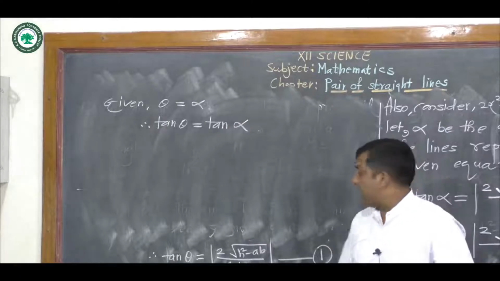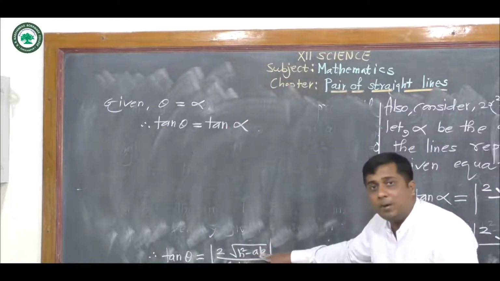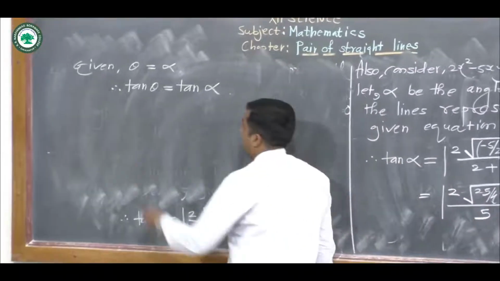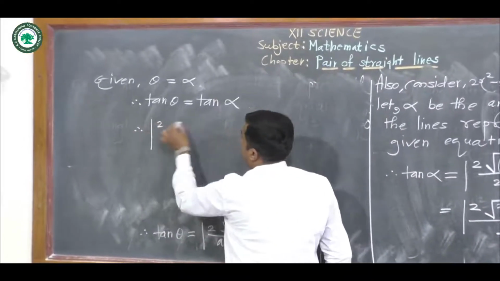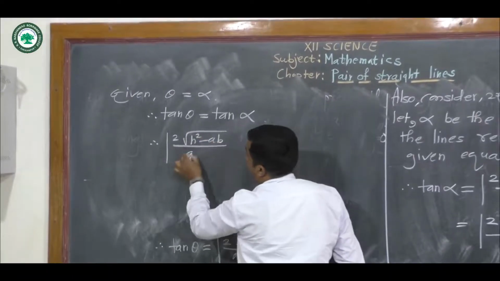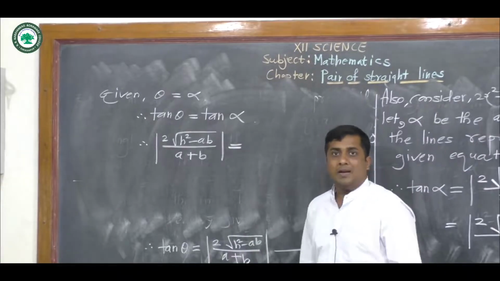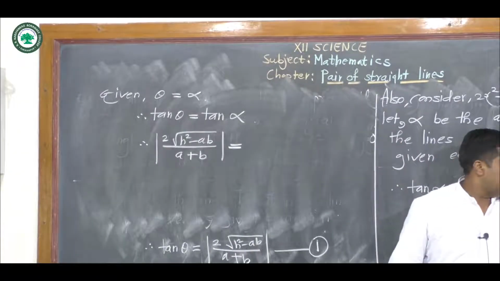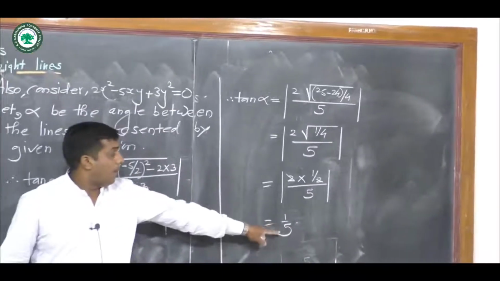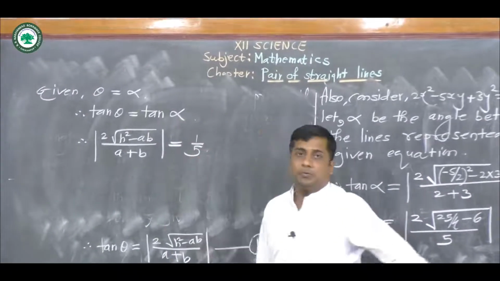We know tan theta is inside the mod 2 into square root of h square minus ab upon a plus b. This is equal to tan alpha, which is 1 upon 5.